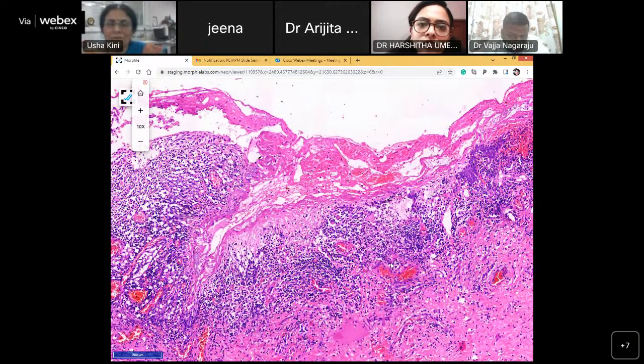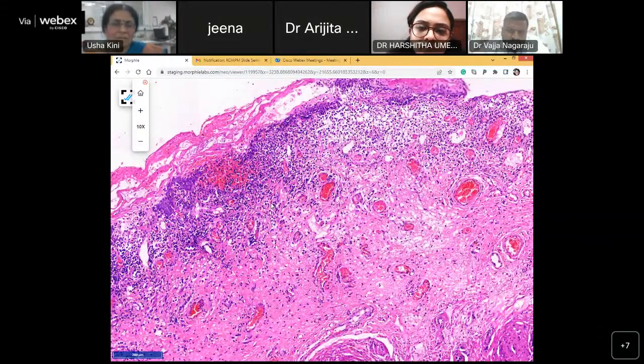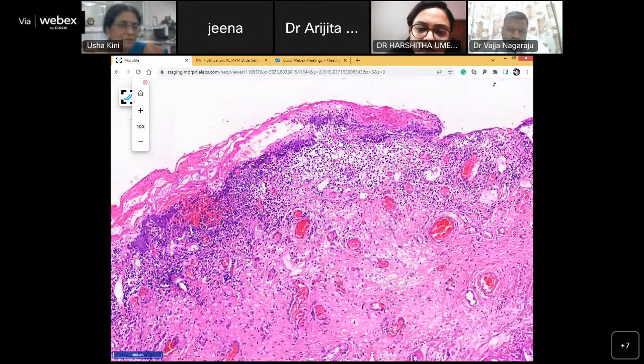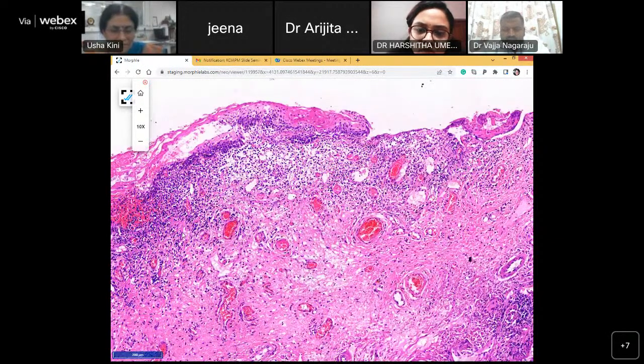So we find a little bit of squamous epithelium, and scattered multinucleate giant cells, but no distinct granuloma as such. But maybe they are forming an incipient granuloma.